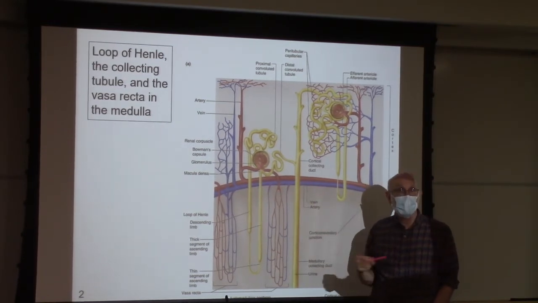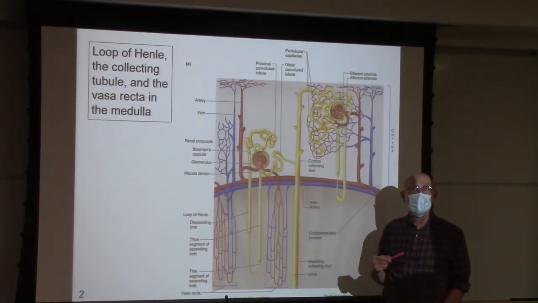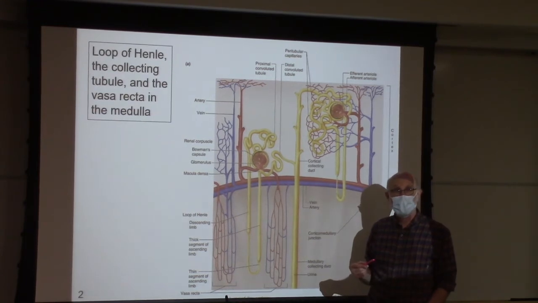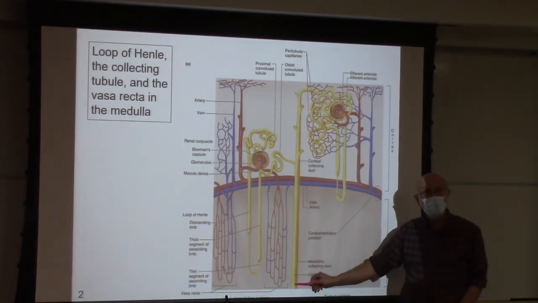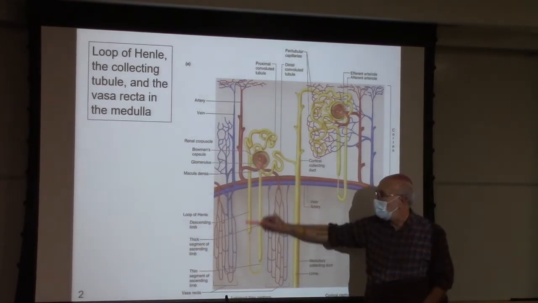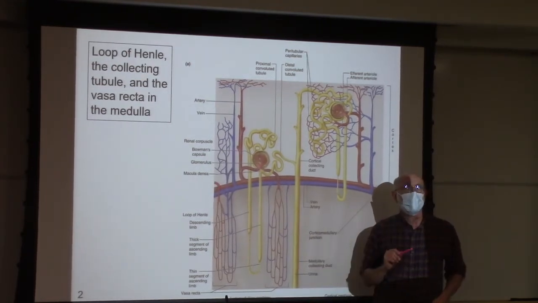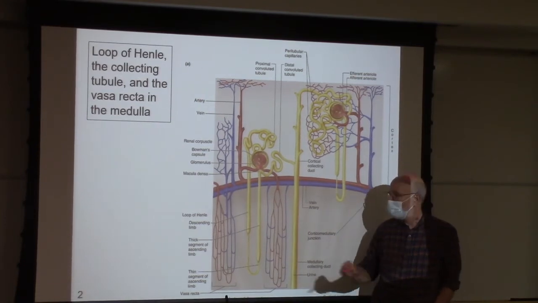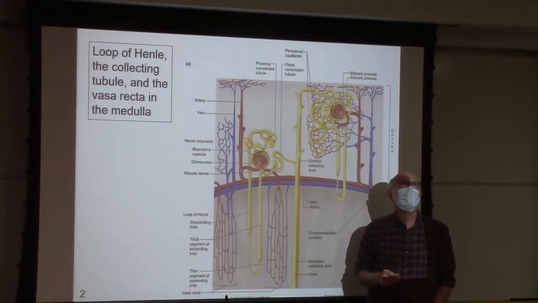And in order to build this gradient, and then in order to be able to use it here, which I'm jumping ahead, we need this geometry. If we just had a linear tube, we couldn't make 1200 milliosmoles. We couldn't do it.